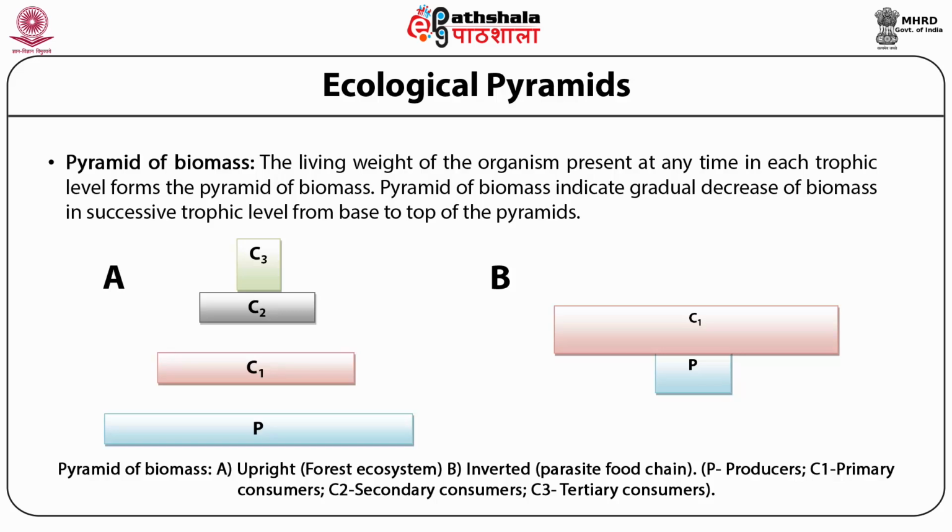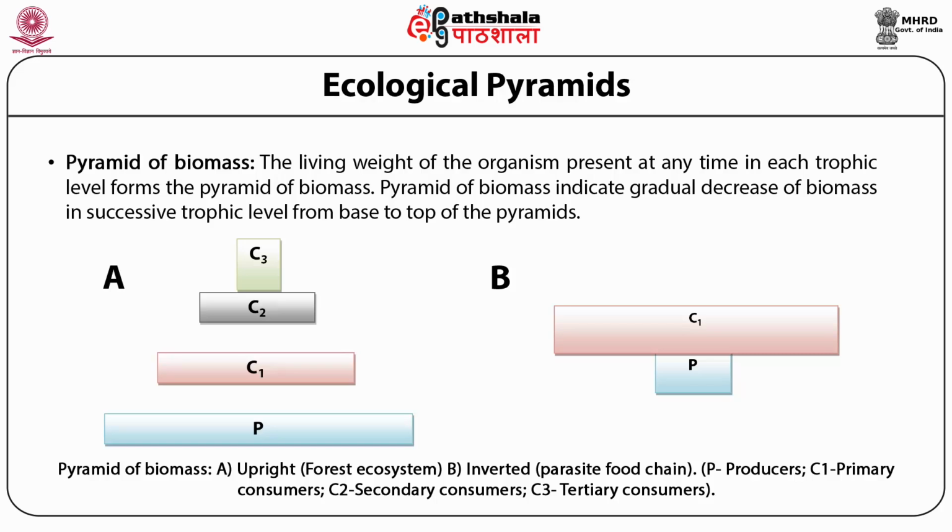In ecosystems such as lakes and oceans, primary productivity is restricted to phytoplanktons. They have a short life cycle and fast reproduction. These phytoplanktons are heavily grazed by herbivores, which are larger in size and have a longer lifespan.